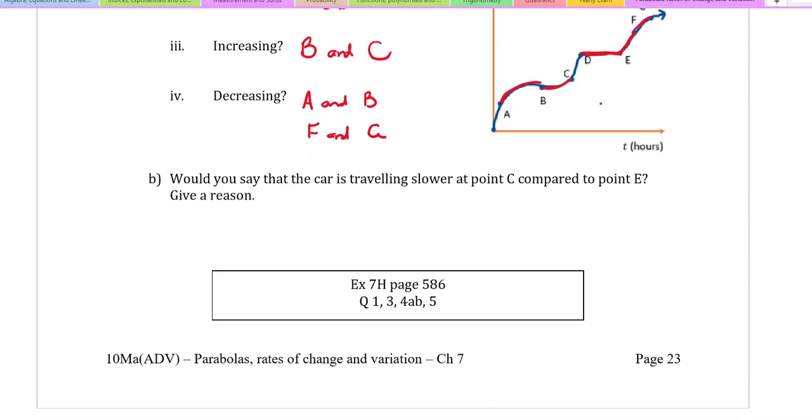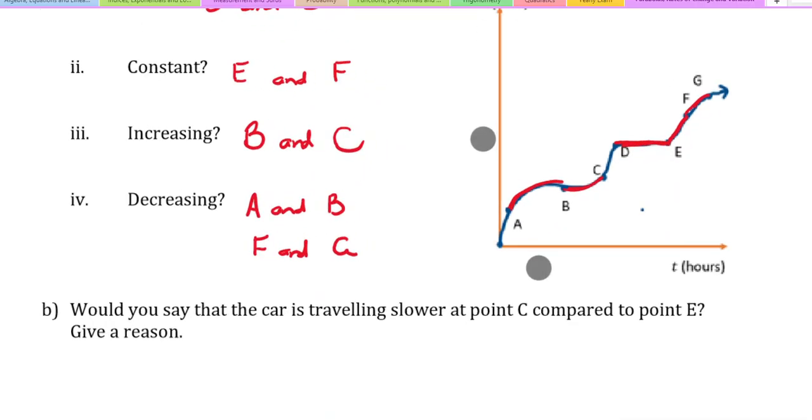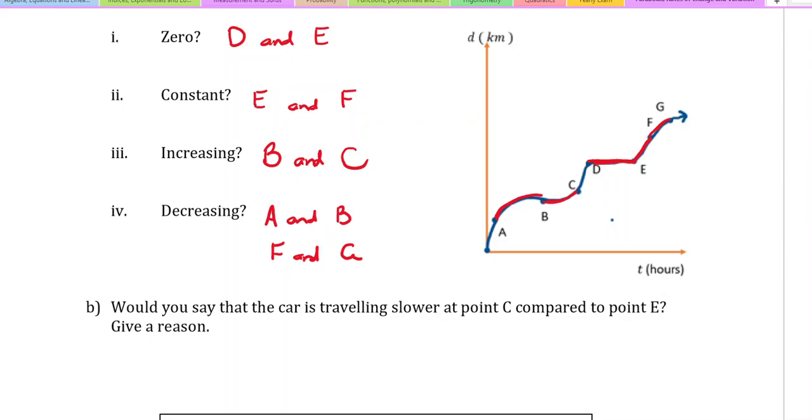Part B, would you say that the car is travelling slower at point C compared to point E? Give a reason. So point C, let's try and make this a little bit bigger so we can see what's going on. Point C has a slope like that. Point E is a little bit harder because that's kind of changing there. Would that starting point there at E be steeper or not?